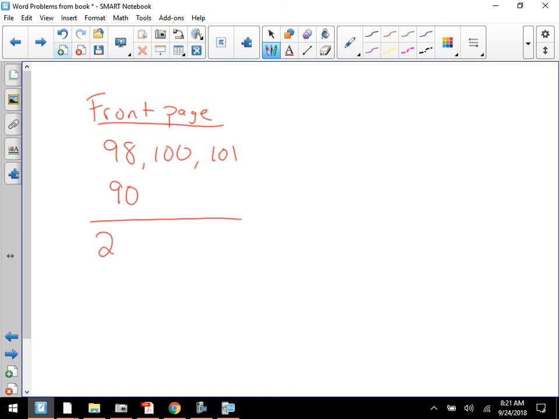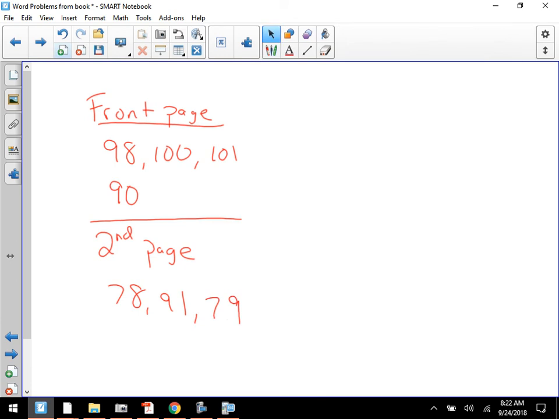And then the second page. Okay. I try to make sure the numbers and stuff are on there.